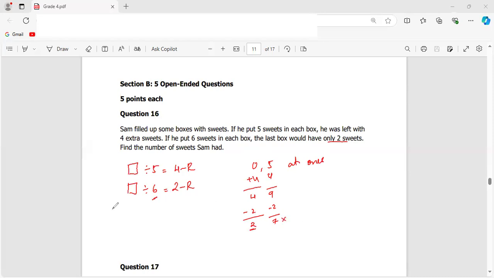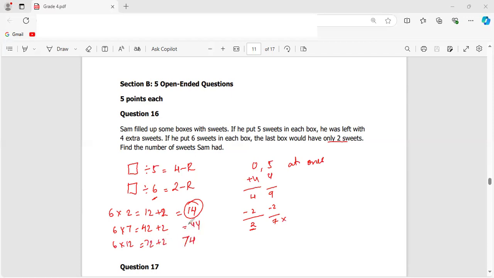So the numbers are like, say, 6 into 2 is 12, and you can do plus 2. So you get 14. So 14 could be a number which, when you divide by 5, you'll get 4 as the remainder, and when you divide by 6, you'll get 2 as the remainder. And this will work for all numbers wherein you have 2 at one's place. So 6 into 7 is 42 plus 2, which is 44. You can also do 6 into 12, which is 72, plus 2, which is 74.